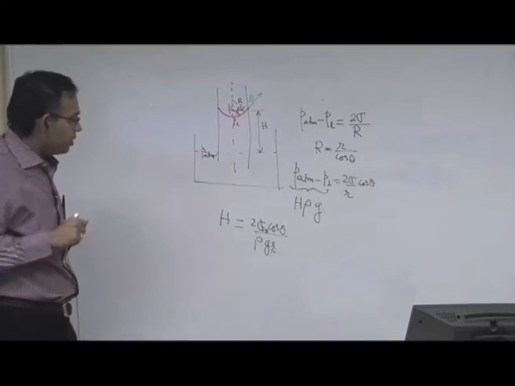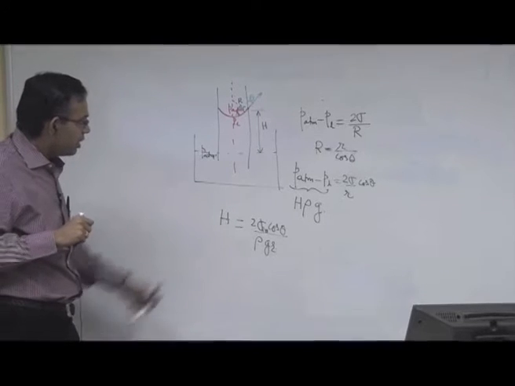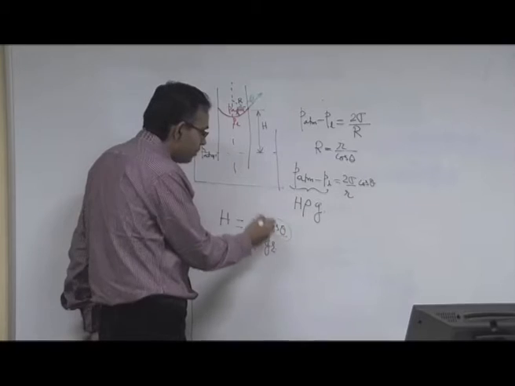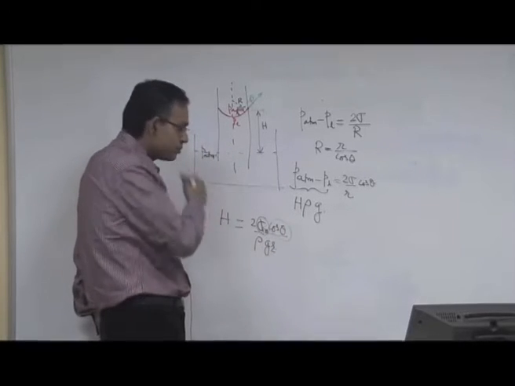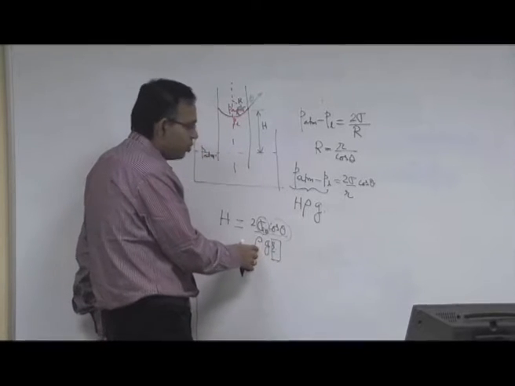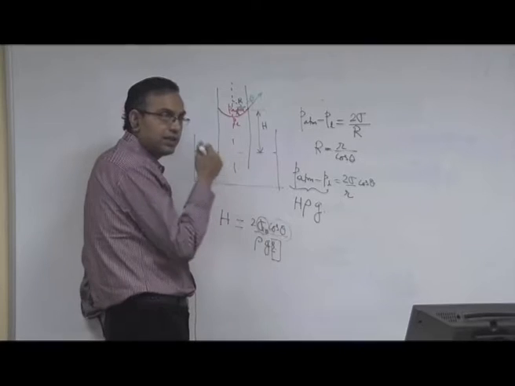The other important point is, how can you increase the H? For a given contact angle and for a given liquid vapor interfacial tension, rho of the fluid is fixed given a particular fluid, and g you cannot play with here.